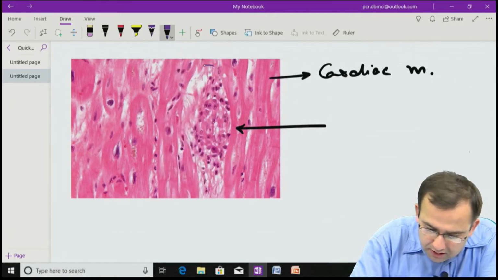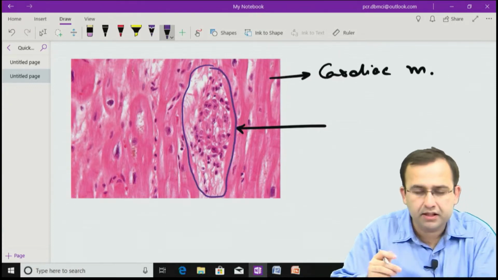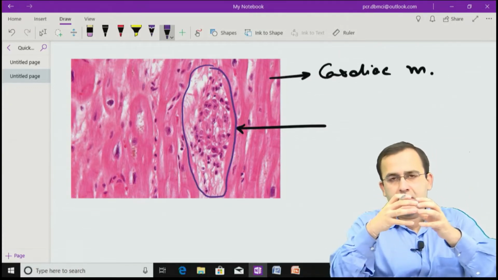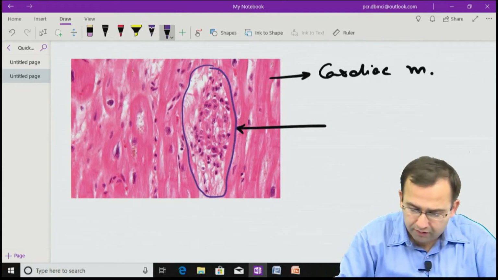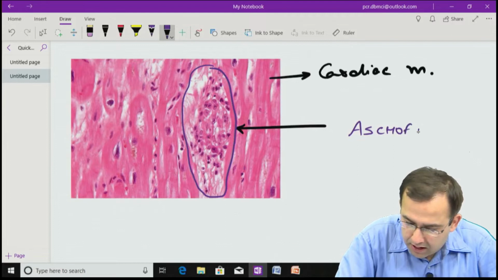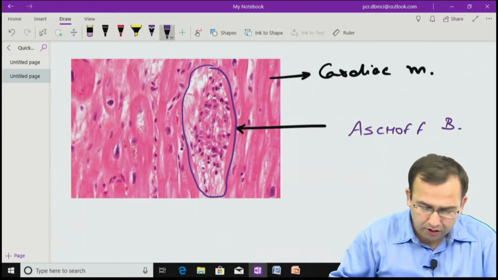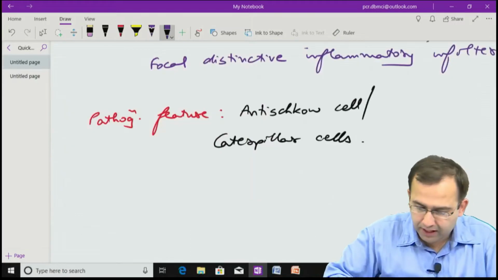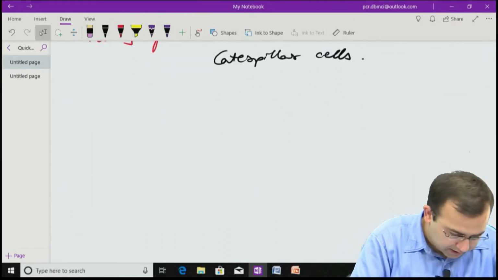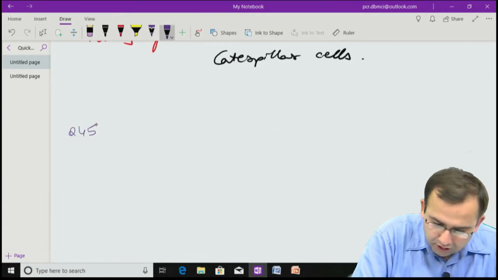See, this inflammatory infiltrate, it is not going inside the muscles randomly. It is present focally, distinctive inflammatory infiltrate, hence making the diagnosis as Aschoff bodies. Next, this gets us to our next question, that is question 45.